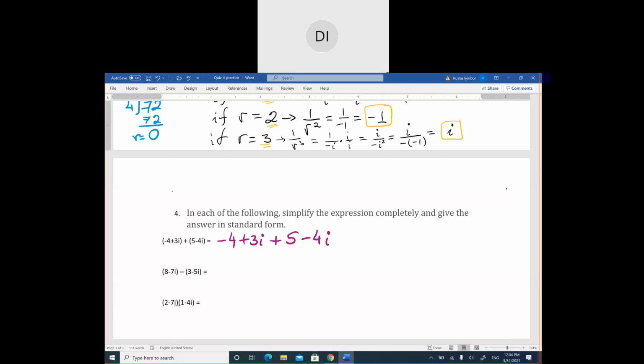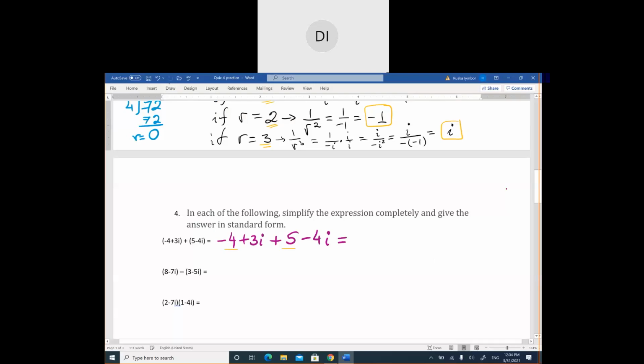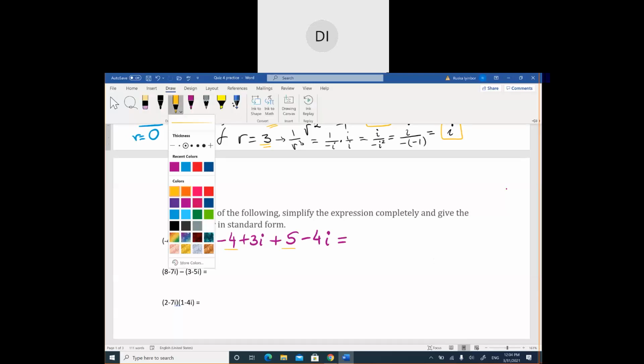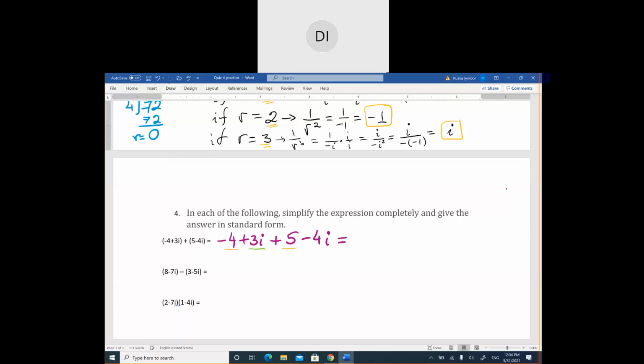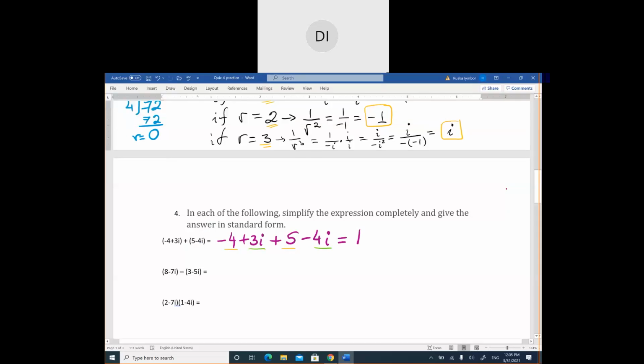And then after you take out the parentheses, you're going to combine like terms. So you're going to combine number with number and i with i. Okay? So when you do that, you're going to get -4 plus 5 is 1. And then 3 minus 4, we're combining the i, is going to be -1i.